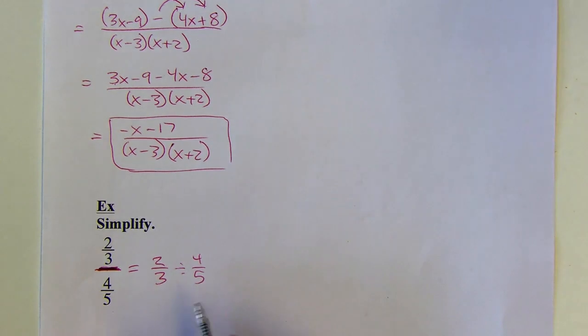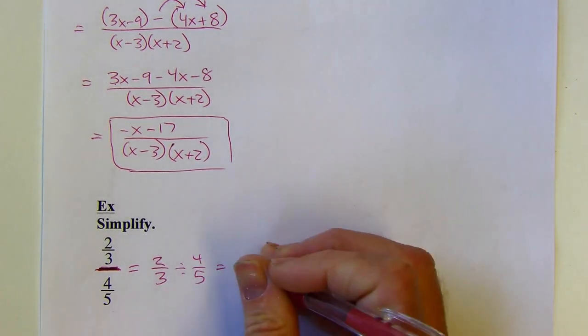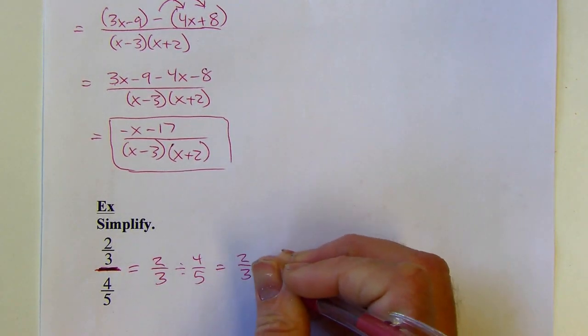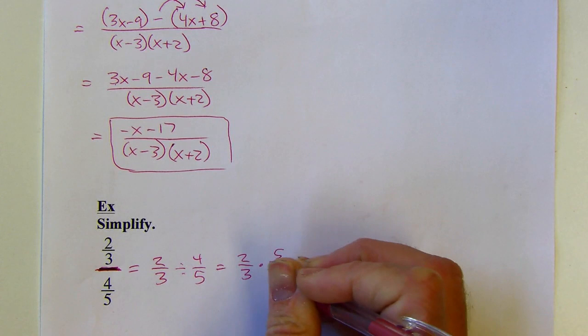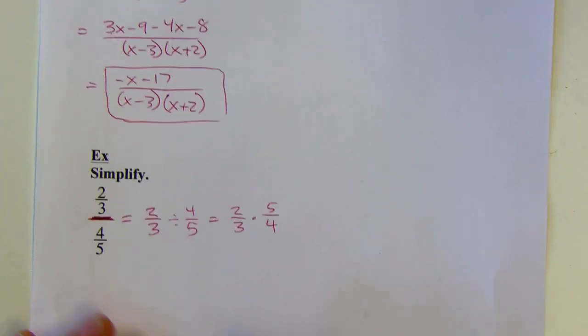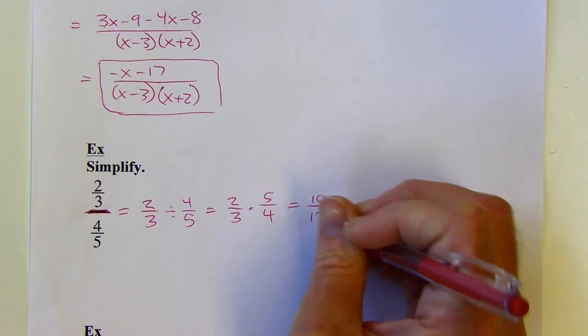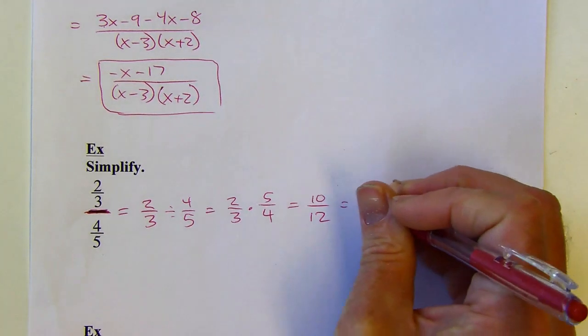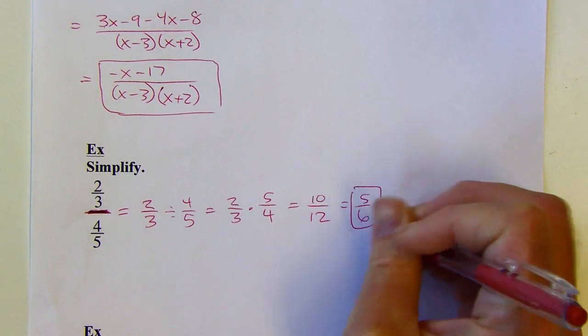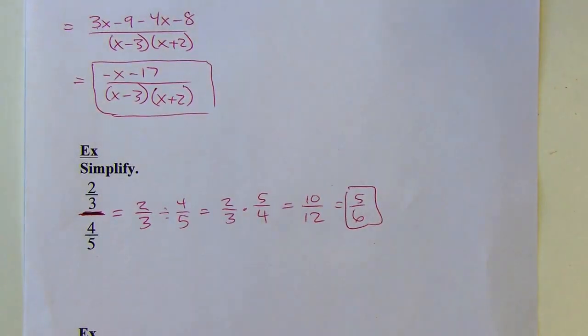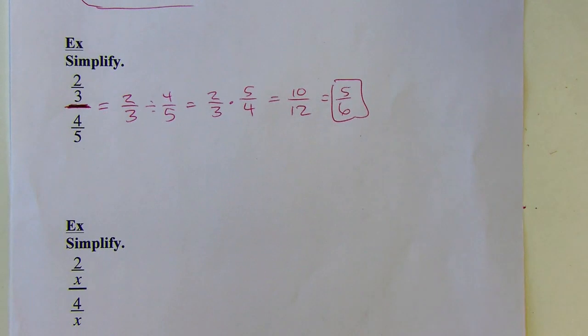Okay, and then I can rewrite that as multiplication by flipping the second fraction. And then since it's multiplication, I don't need a common denominator. I just multiply straight across. So I'm going to get 10 over 12, and I do want to reduce that. So 5/6.